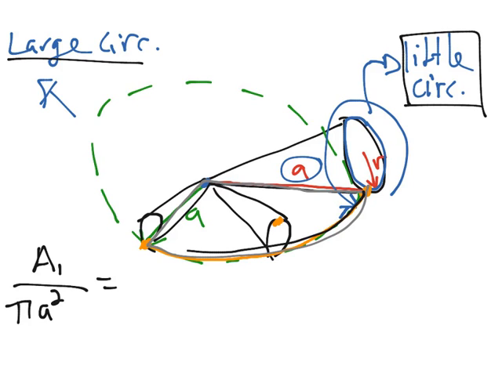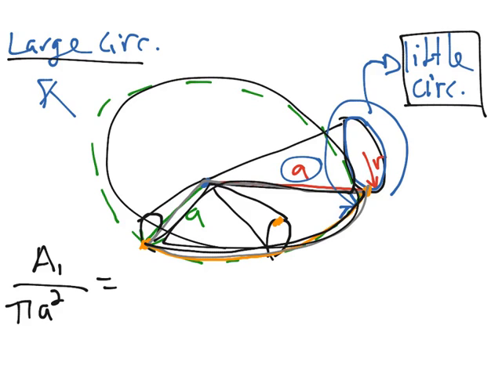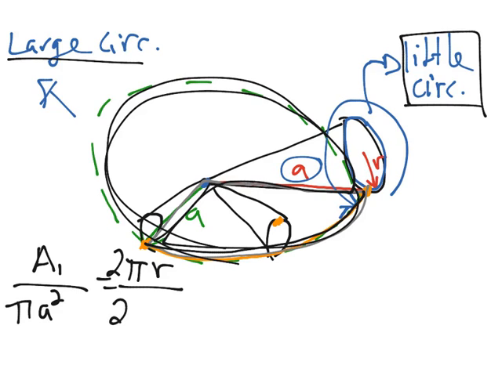So the little circumference is 2 pi r, divided by the large circumference, which is 2 pi a.